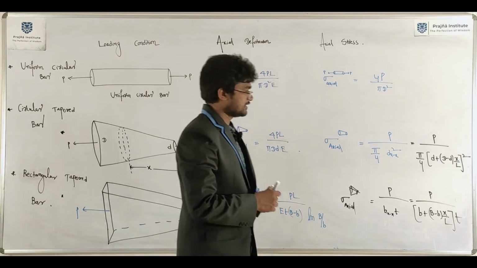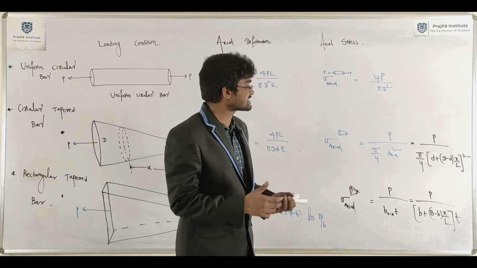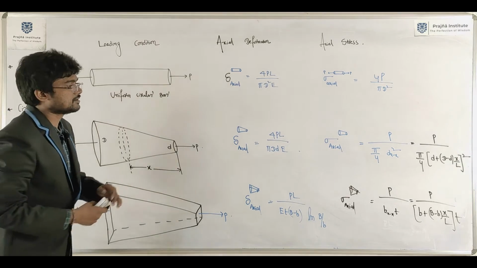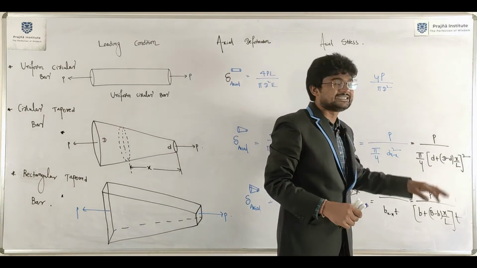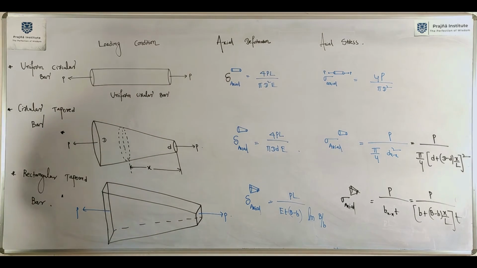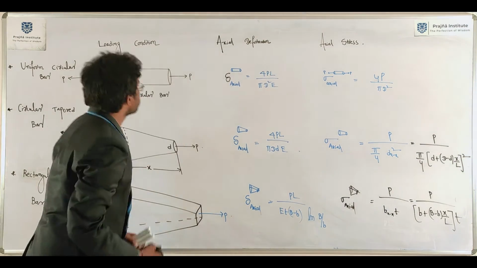So just have a look at this. Observe how axial stress varies from the lower end to the bigger end in a tapered bar. This is the expression to determine axial stress in the tapered bar. So: uniform circular bar, circular tapered bar, rectangular tapered bar. Next.